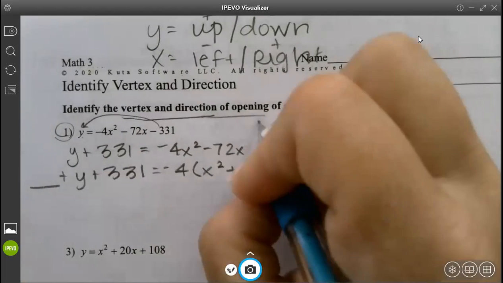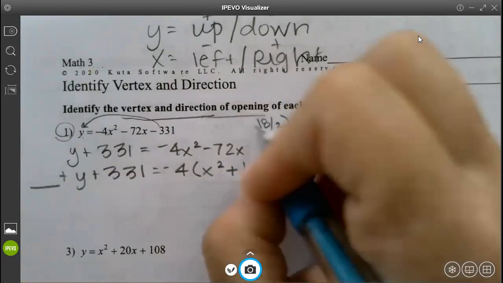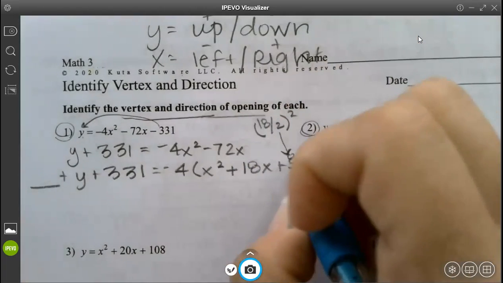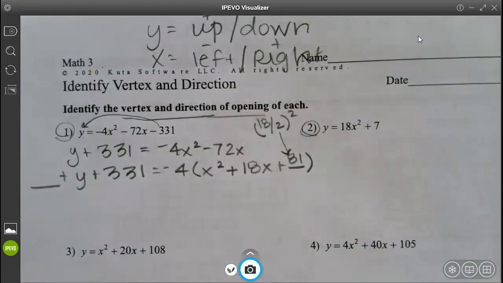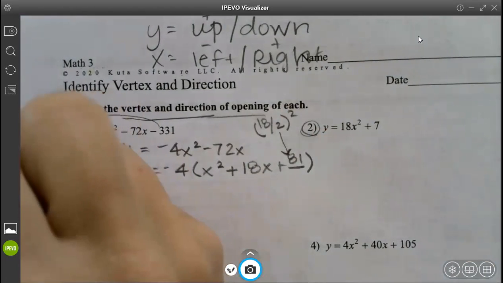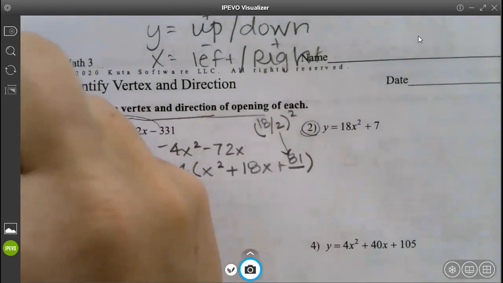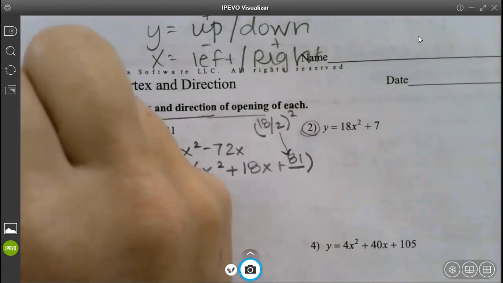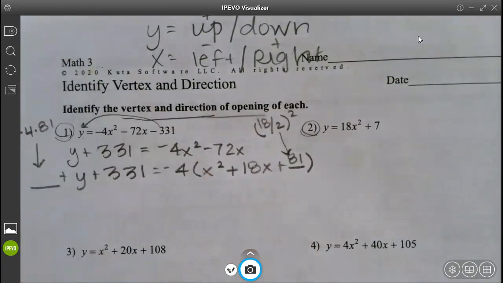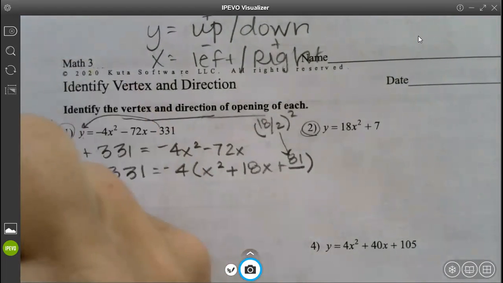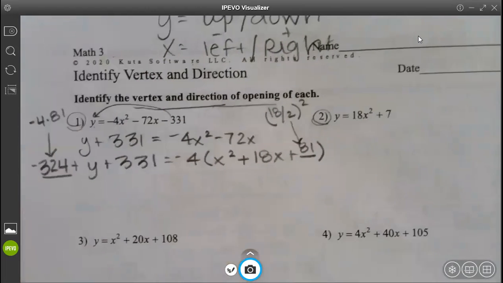Remember, in this blank, it's going to be 18 divided by 2, which is 9 squared is 81. And then in this blank, what you took out times what you put in, which gives us negative 324.